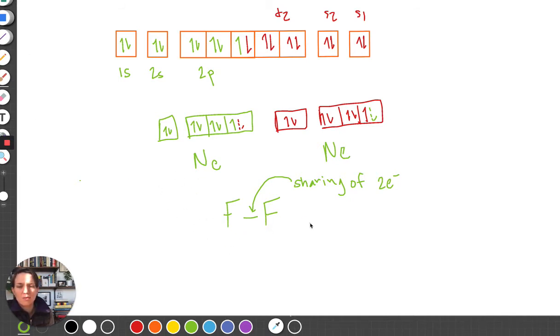So this would be a perfectly covalent bond. I need to change my nib. Okay, so perfectly covalent. Those electrons are shared completely evenly.